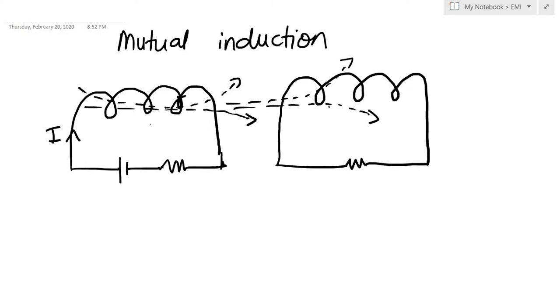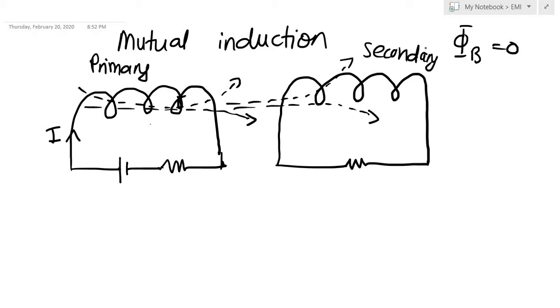And now, since from initial magnetic field 0, when there was no current through the first coil, no magnetic field, the magnetic flux was 0. But then because of the first inductor, let's call it the primary inductor, there was a change in magnetic flux in the secondary inductor to some value. So there was this change, right?